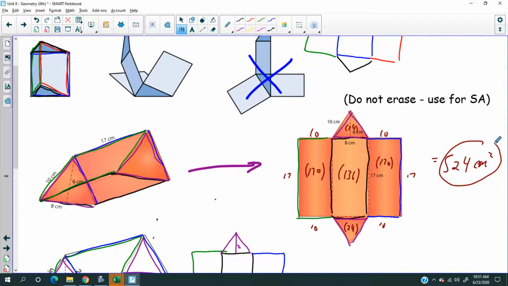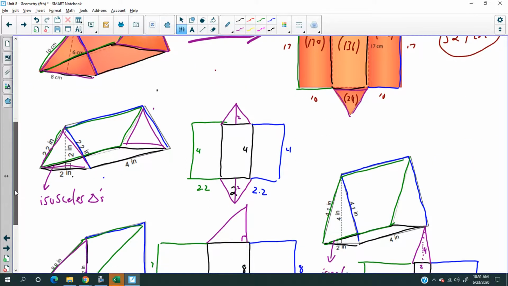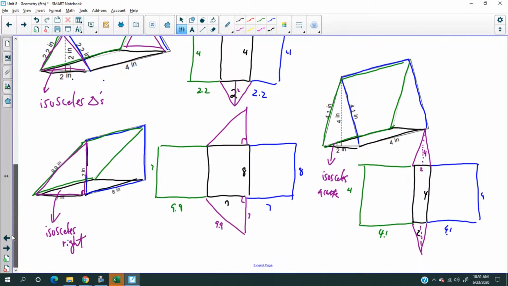So it might come to some of you as a surprise as to how easy this last step is, but it's only easy because we laid out the groundwork for a net.